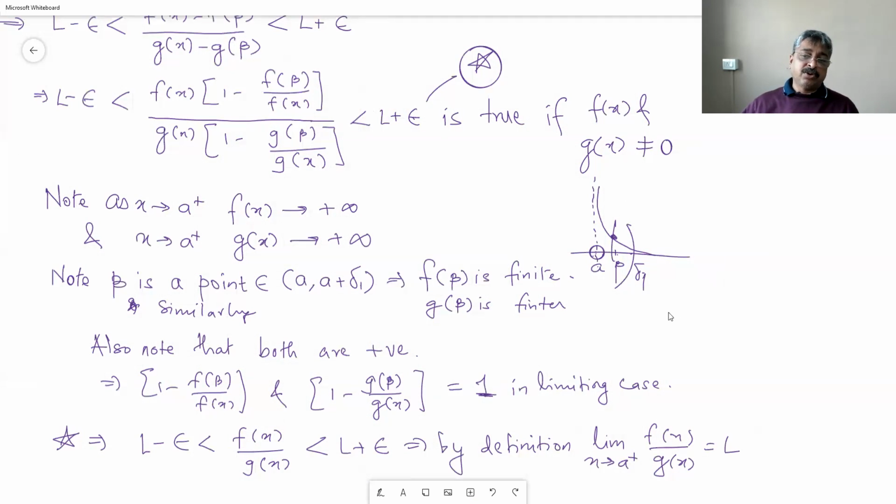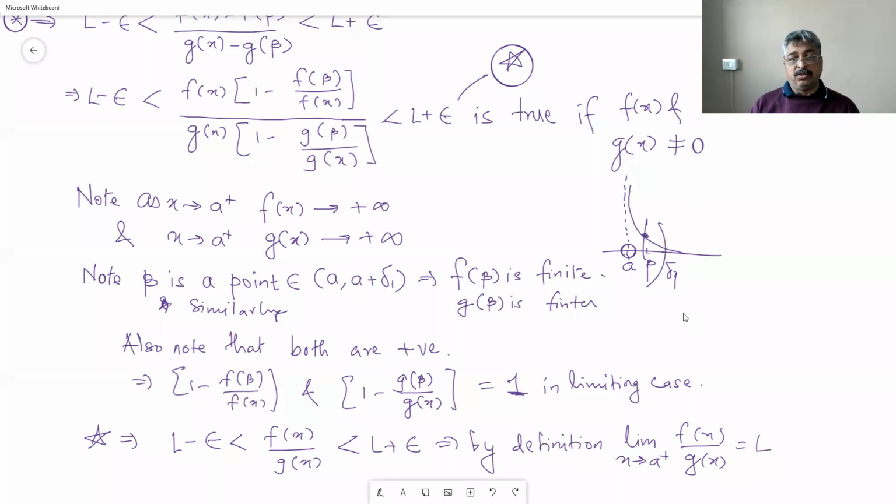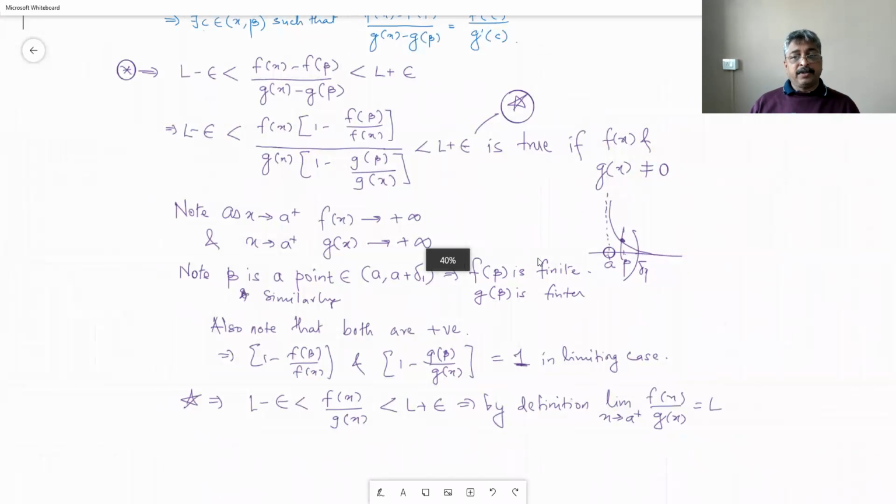Why will f of x and g of x be not equal to 0? We will think about it.